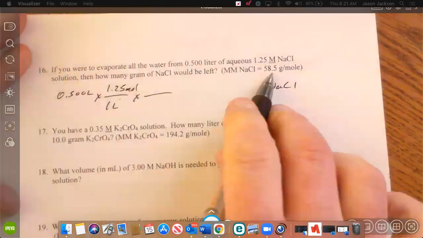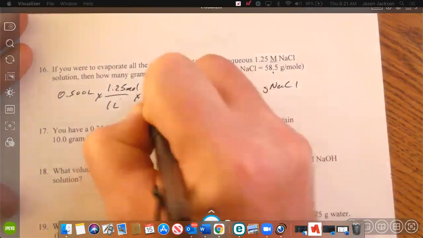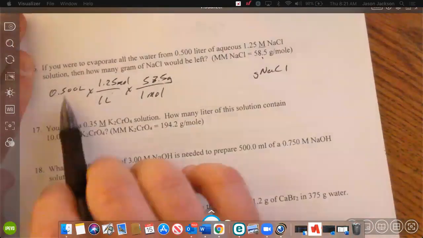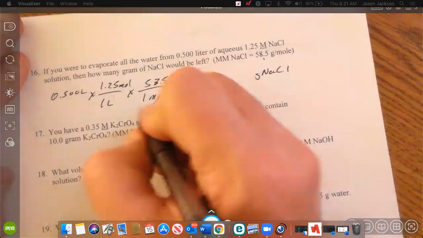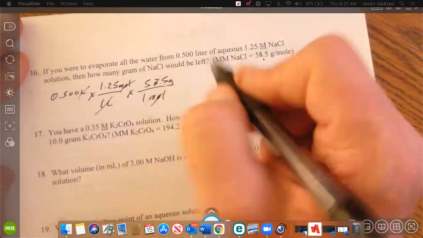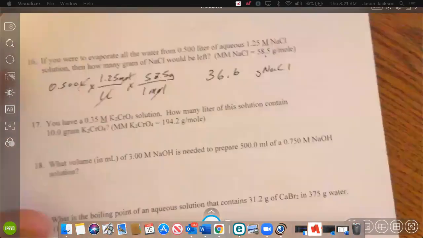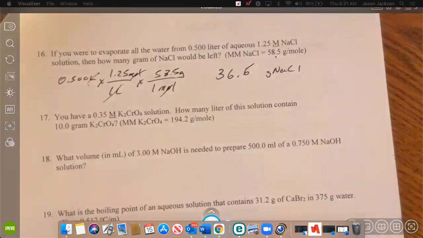Every 1 mole from the molar mass is 58.5 grams. 0.5 times 1.25 times 58.5 is 36.5625. 3 significant digits, so it becomes 36.6 grams of NaCl. That's the laboratory you did where you evaporated everything off.